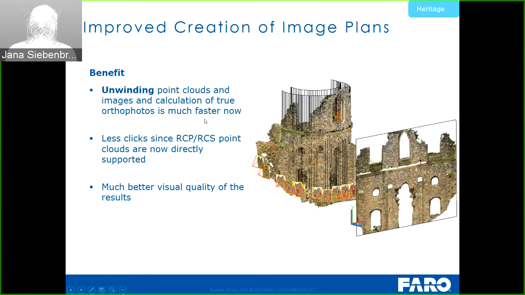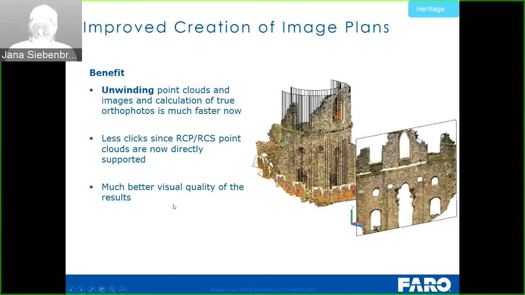The calculations were quite slow before. You also need fewer clicks because we now directly support RCP and RCS point clouds. You don't have to create a smart section first. You can directly select your RCP file to unwind it. And also the visual quality of the results has been improved.